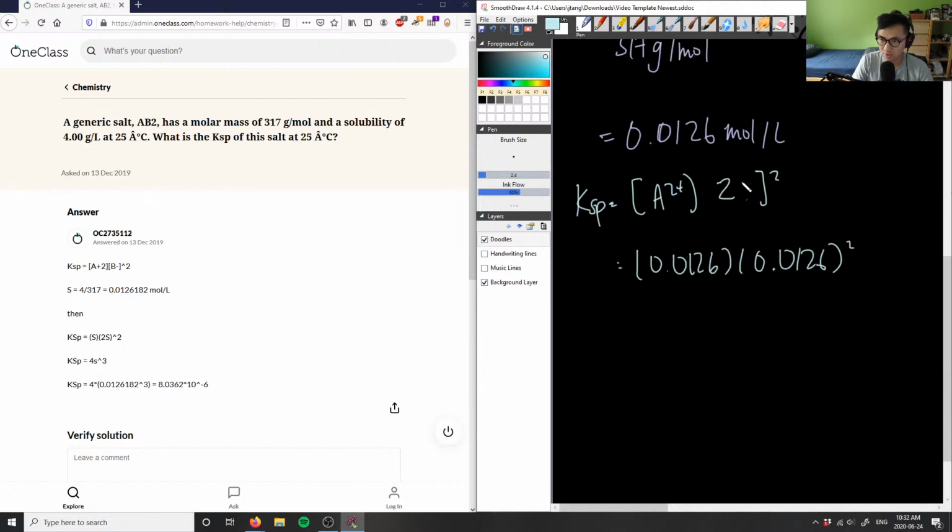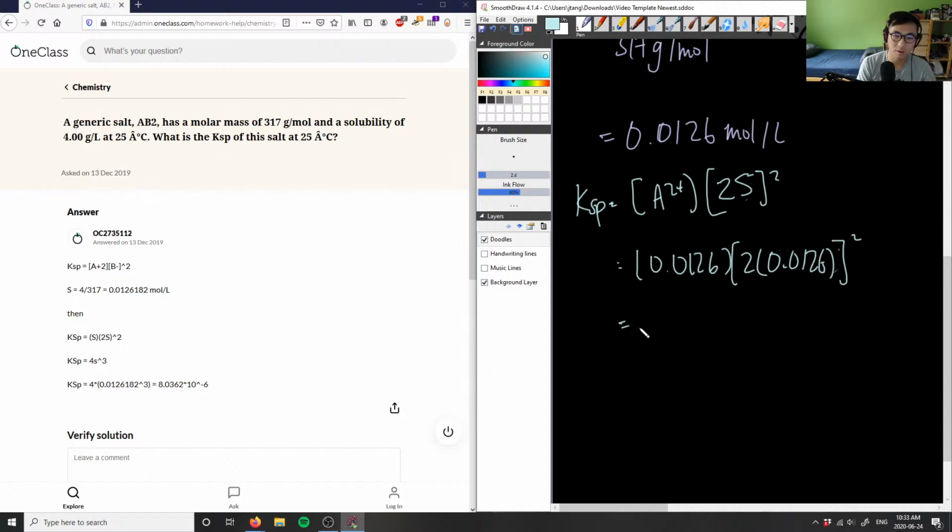So you can think of it as 2s for the minus here. So this is going to be multiplied by 2. That looks really bad. Give me a second. So I'm going to have 2 times 0.0126 squared, and this is going to give us our final answer, right?